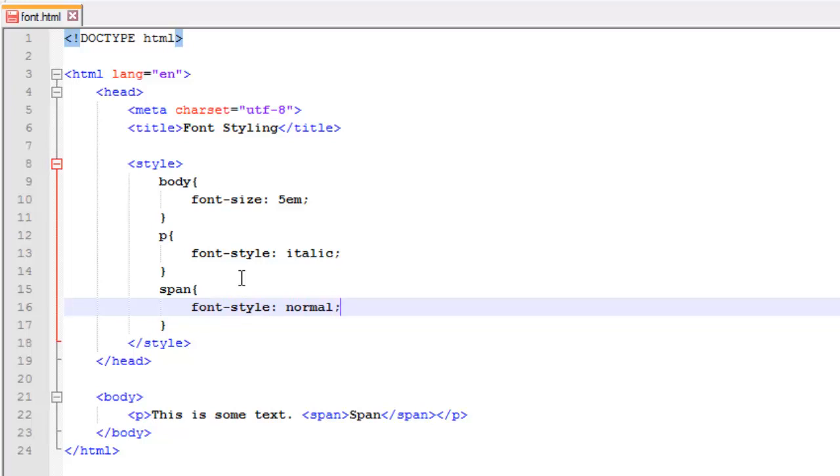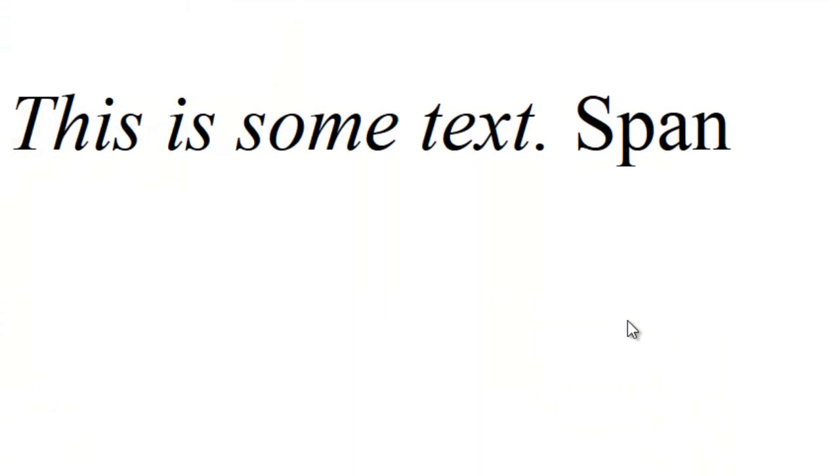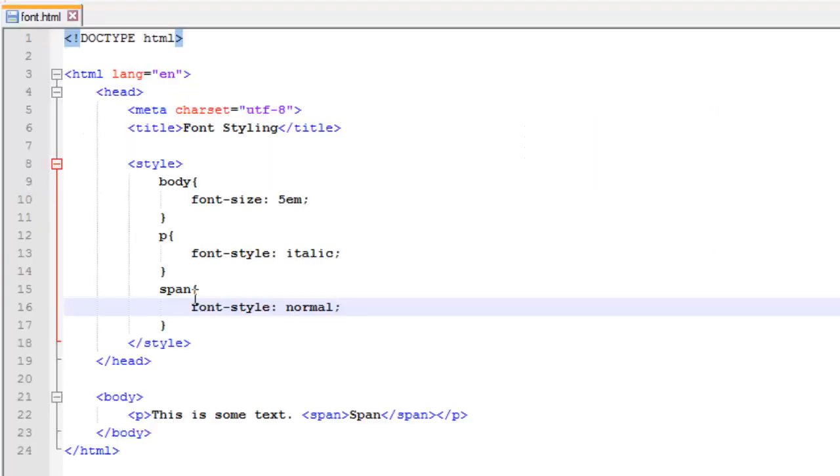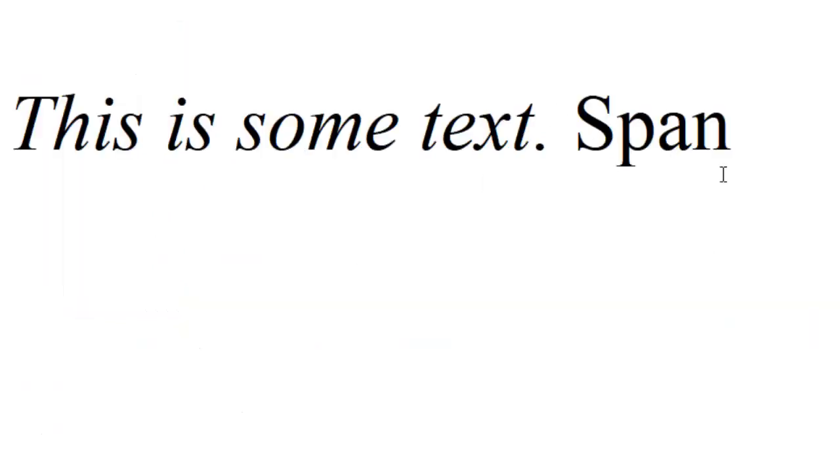Alright, and save, and we're going to launch in Firefox. You see, all the other text in my paragraph is still italic, since by span, I changed this font style to normal. It is now normal. So if for some reason you want something just to be the default font in a paragraph or like a word or something, that's the way you do that.